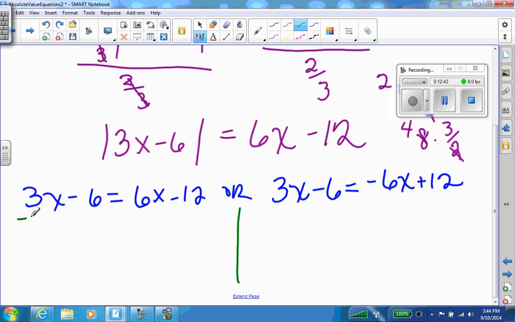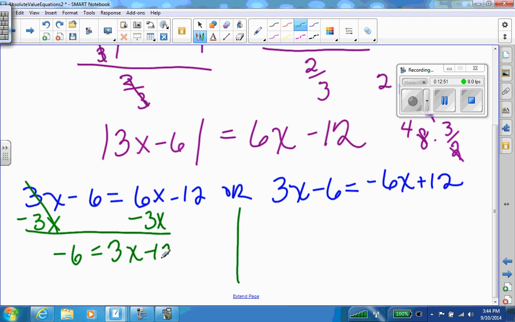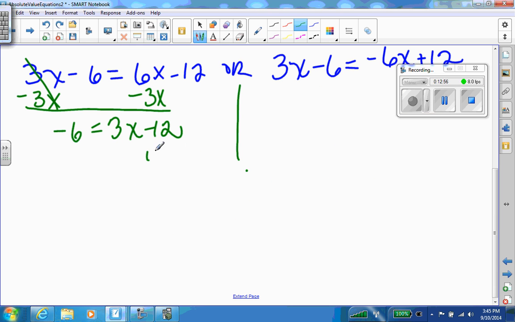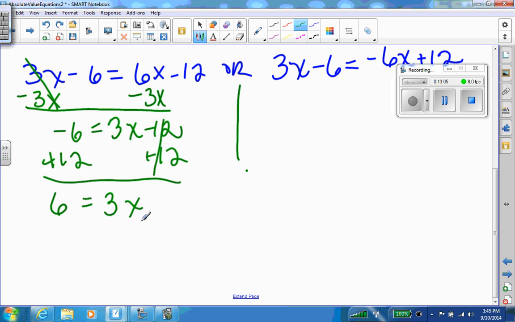I'm going to get rid of the 3x, so subtracting it. So negative 6 equals 3x minus 12. And then we're going to add 12 to both sides. So that's going to give me 3x equals positive 6. And lastly, divide by 3. So x is 2. Remember, that's just a possible solution. It may or may not work.